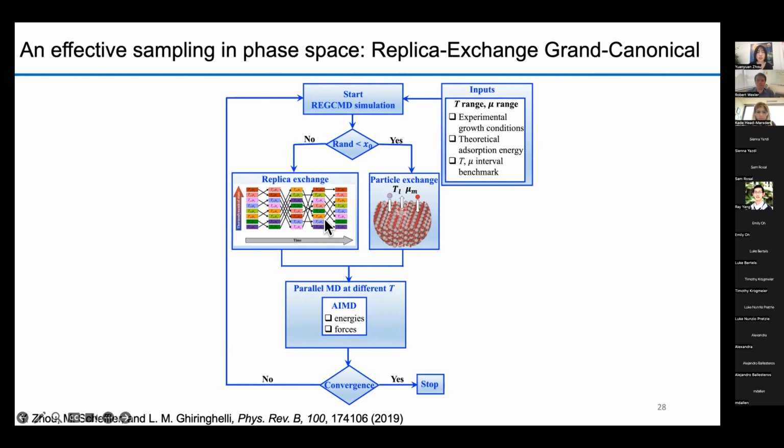After each particle exchange or replica exchange, parallel molecular dynamics are performed to further diffuse or relax the system. This procedure is iterated until the variable of interest reaches equilibrium.